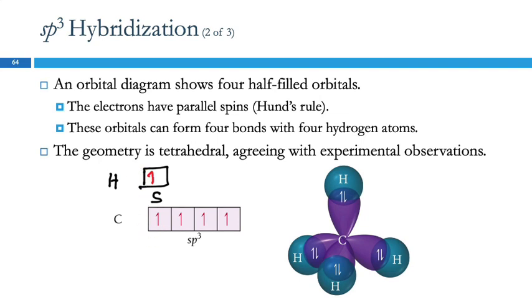Yeah, but they can switch, right? Just like you can choose to sleep right side up or upside down in a bed. So one of these is going to flip so that they're spin paired, and then they get along really well. So now this is predicting that carbon will bond with 4 hydrogens, and then it'll form a tetrahedron, which is what it does.